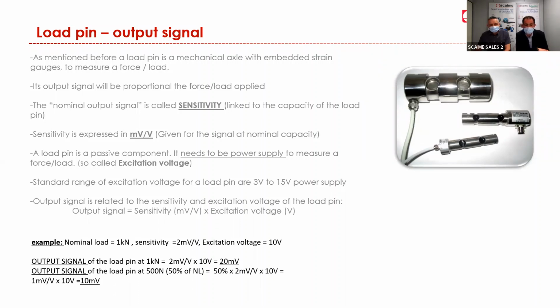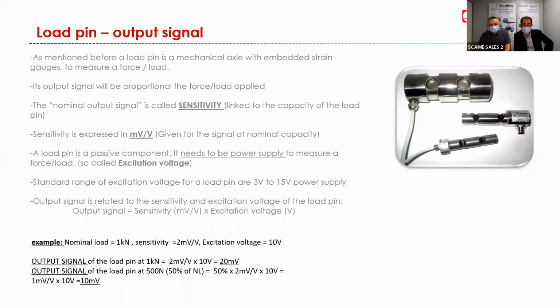So the output signal that you will get at full capacity, so when you apply a force of 1 kilonewton, will be the sensitivity, 2 millivolt per volt, multiplied by the excitation voltage, 10 volt. So it will give you an output signal of 20 millivolt when the load pin is loaded at full capacity.